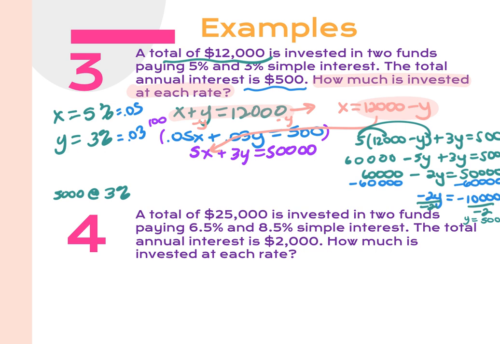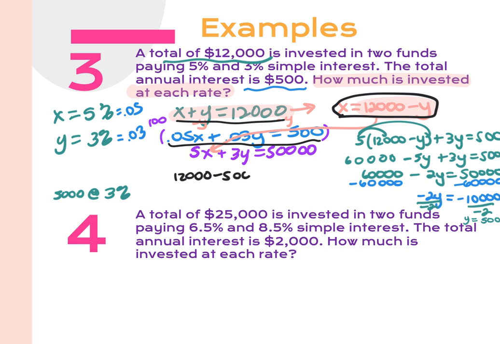How do I figure out how much was invested at 5%? You could plug it back in here, right? I could plug it back in here. I could, if I was really crazy, plug it back in here. Or just do 12,000 minus the 5,000, or 7,000. So 7,000 was invested at 5%.